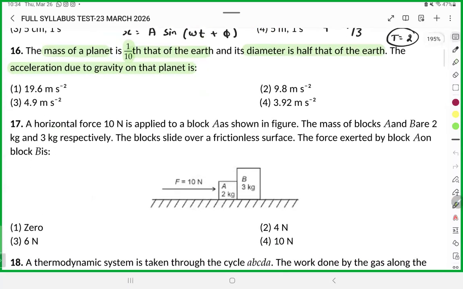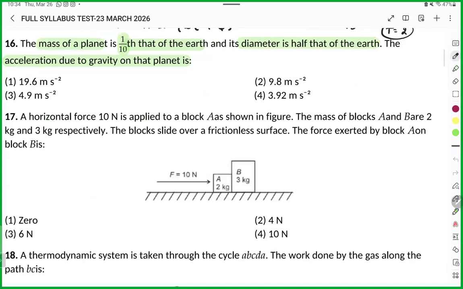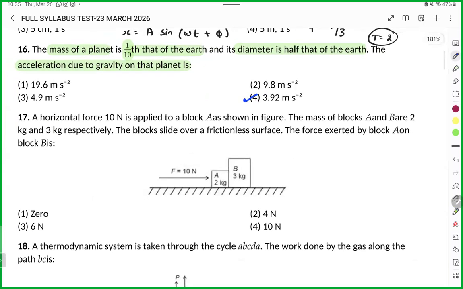Tanvi, first question number 16. What is your answer? Sir, I got 3.92. How to solve it? Mass of the planet m dash is equal to m by 10. Diameter means radius, so the radius of the new planet is half. You have to calculate acceleration due to gravity.